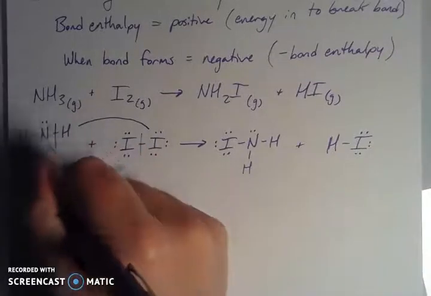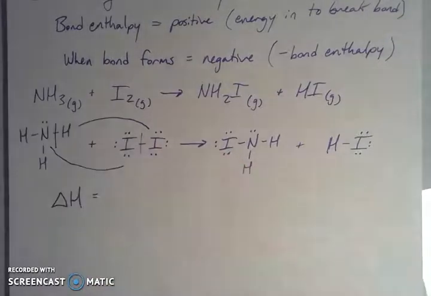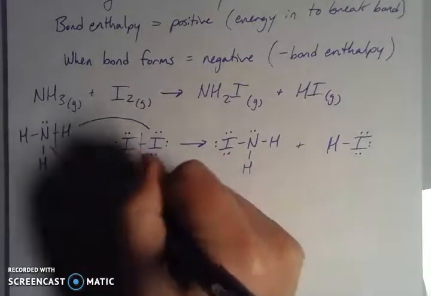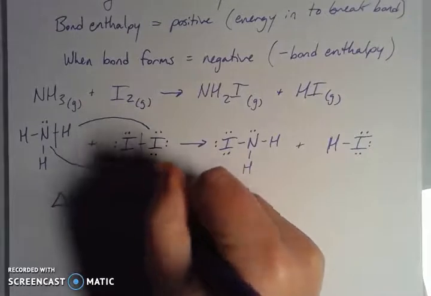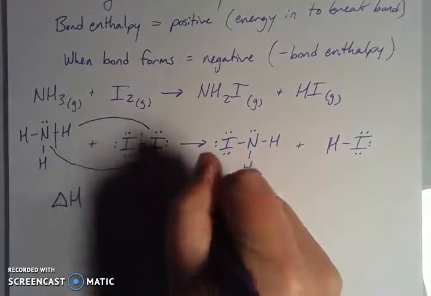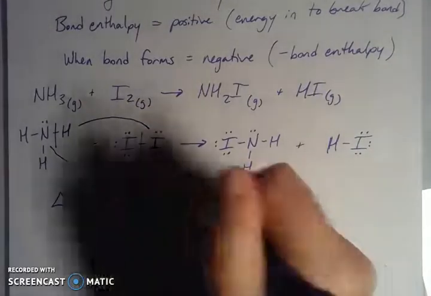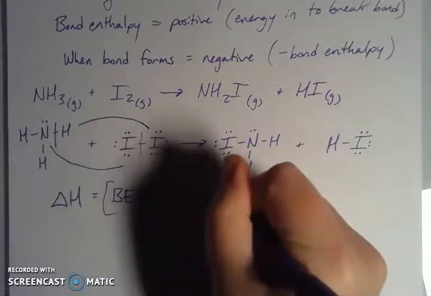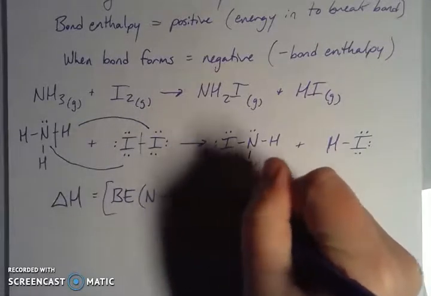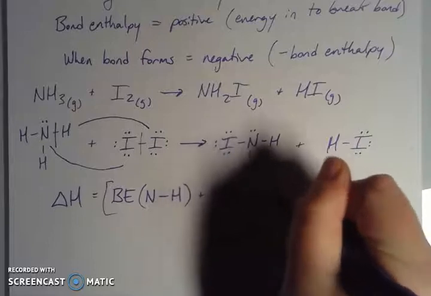And the overall energy of this process is going to be equal to the bond enthalpy for the breaking of my NH bond, here's my reactants here, plus the bond enthalpy for breaking my iodine bond.